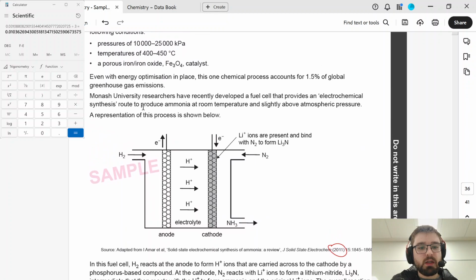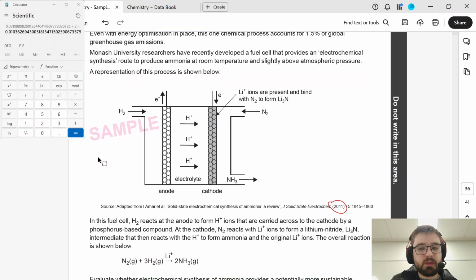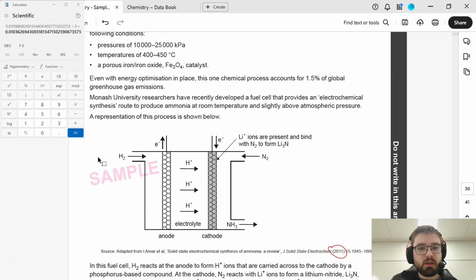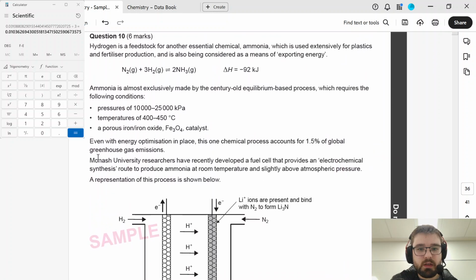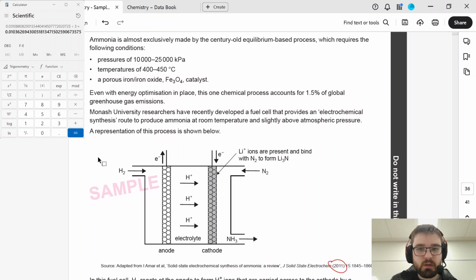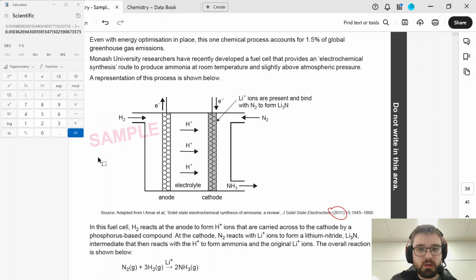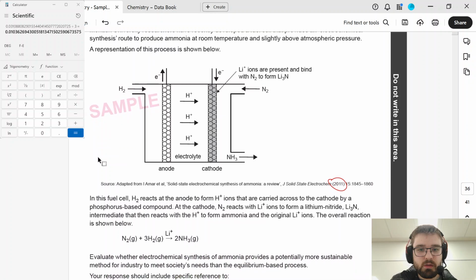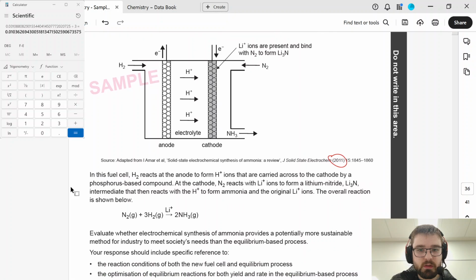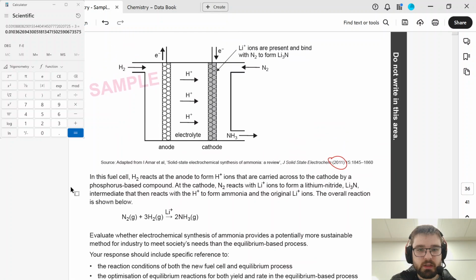because are they saying that? I think it's saying that it creates electricity rather than uses it.